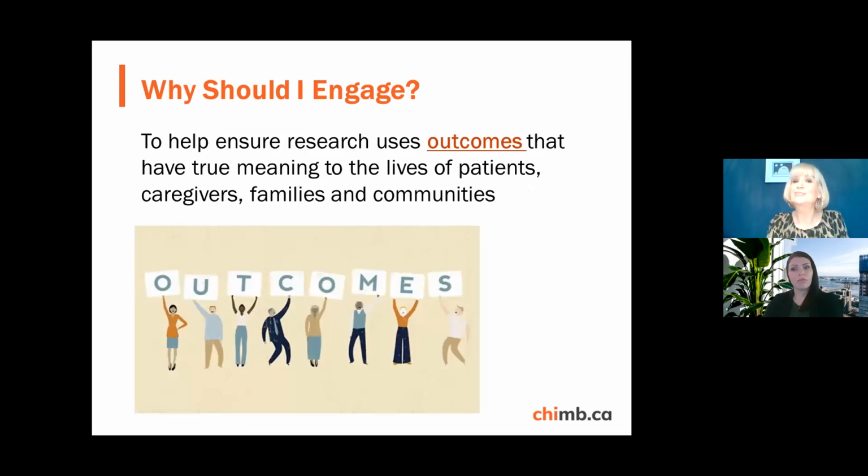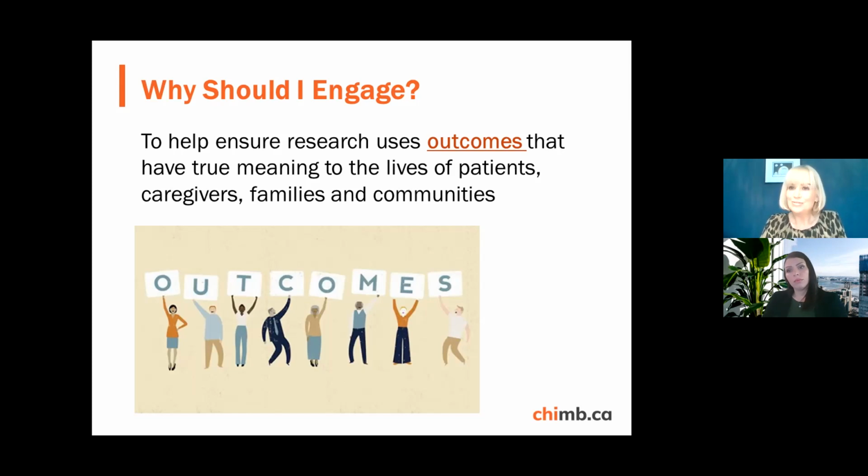To help ensure that research actually uses outcomes that have true meaning to the lives of patients, caregivers, families, and communities. So in a study on the use of prescription drugs for stroke patients, stroke survivors serving as patient partners on the study identified home time, or the number of days when a patient is living at home, not hospitalized or in another institution, as an important new outcome that they really wanted to have in the study.